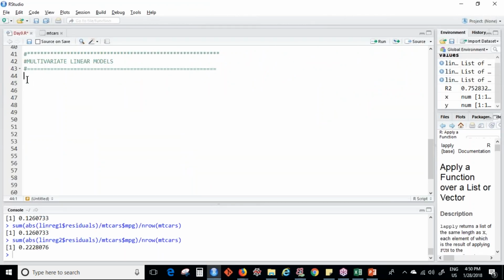So I will call it linreg3, number 3, linear model. My dependent variable is the same, miles per gallon.